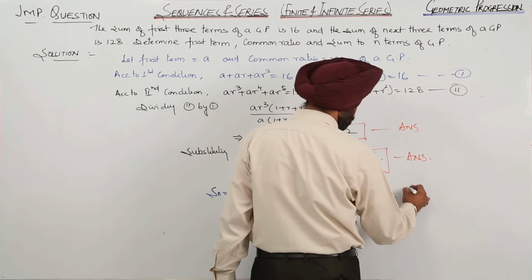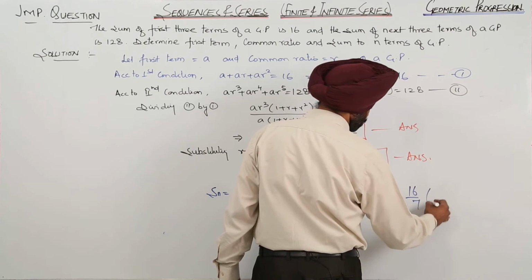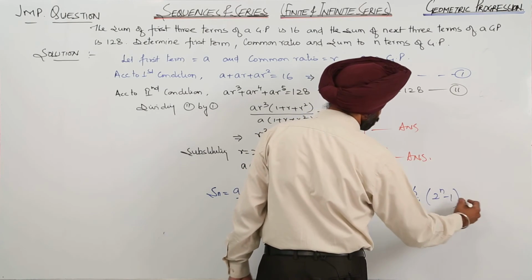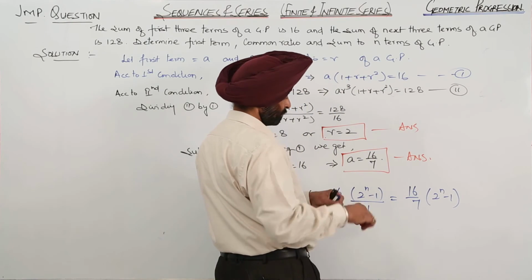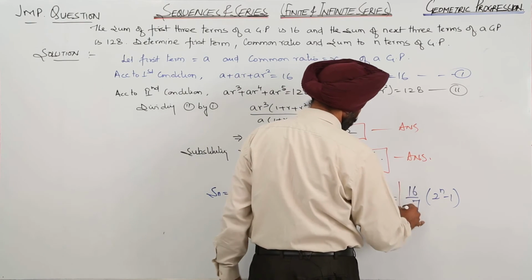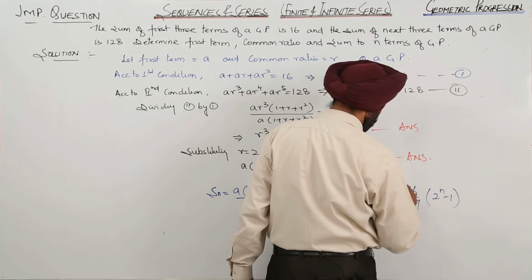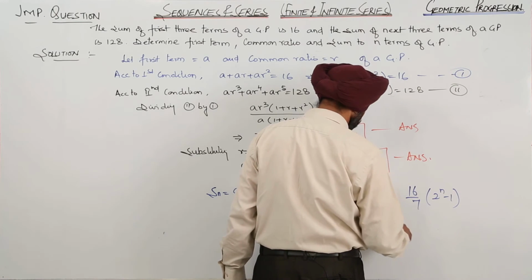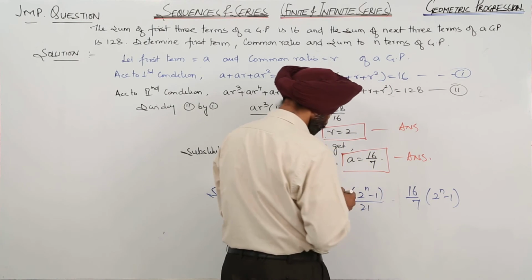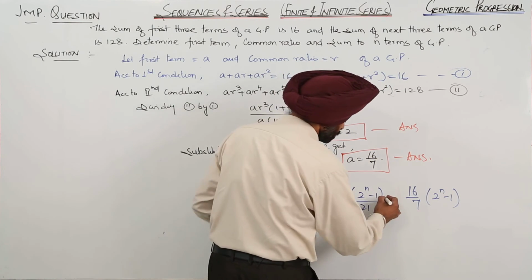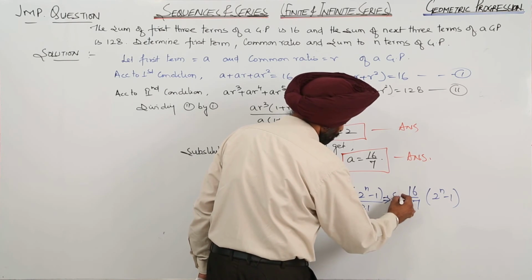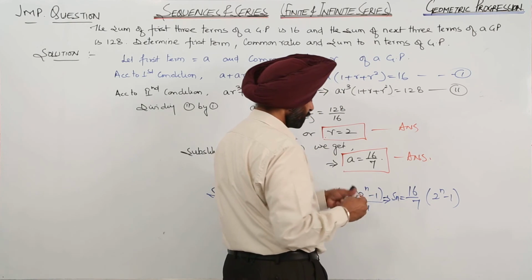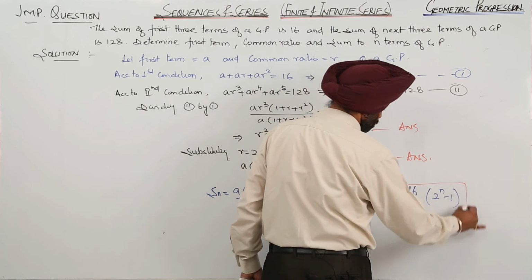So, this is 16 by 7 (2 to the n minus 1). Just write like this. Sn is equal to that. Okay. So, third answer.